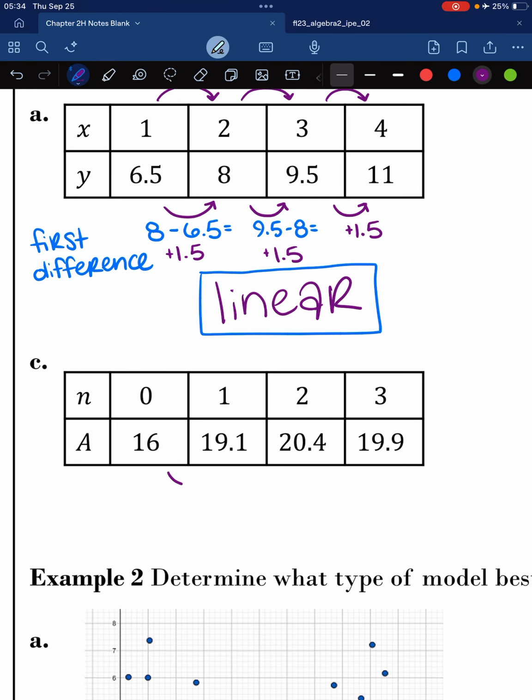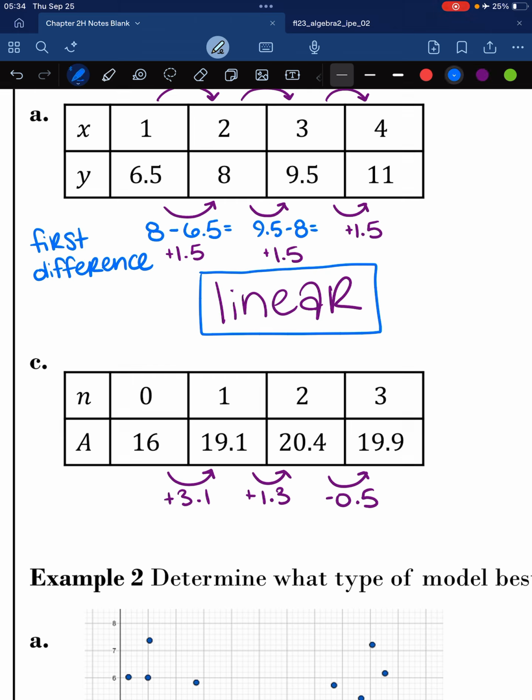Hopefully you paused the video. First, we should always check: were my inputs equally spaced? They definitely are for this problem. I've never seen this pattern before: I added twice, but I subtracted once.